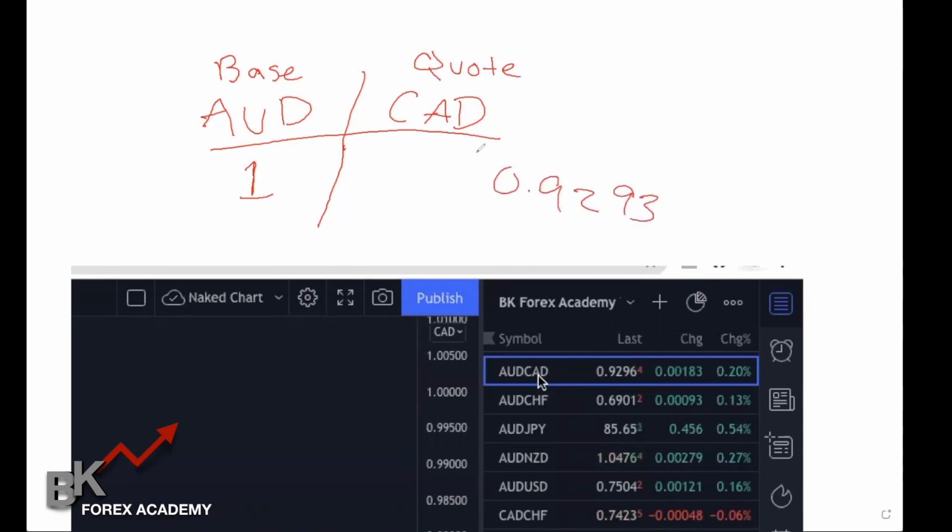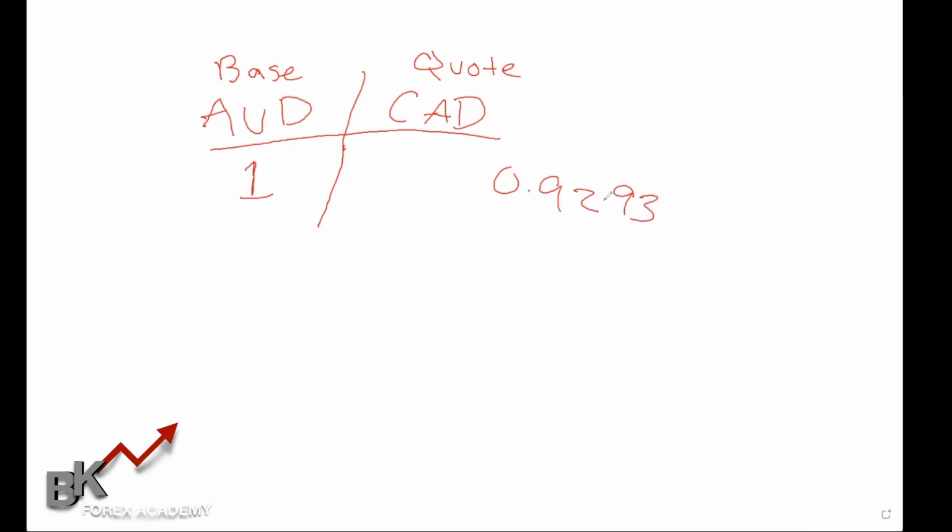That simply means that 1 Australian dollar equals 0.9293 Canadian dollar. In simple terms, $1 of Australian dollar is equal to about 92 cents of Canadian dollar, almost 93 if we were to round it up.